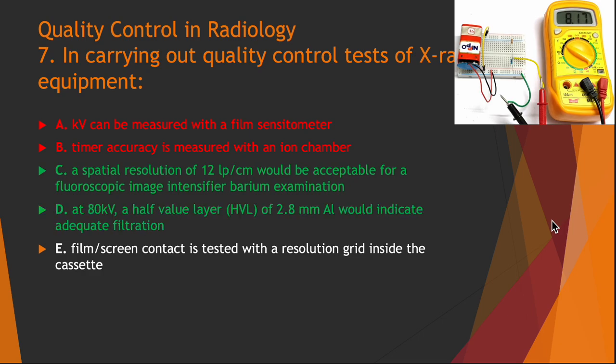At 80 kV, a half value layer of 2.8 mm aluminium would indicate adequate filtration. Again, the answer is true, because except for mammography and some dental units, usually we use 2.5 mm aluminium to filter the beam. So 2.8 will definitely do a better job, or will cause adequate filtration.